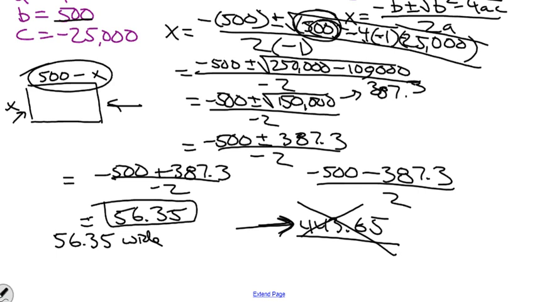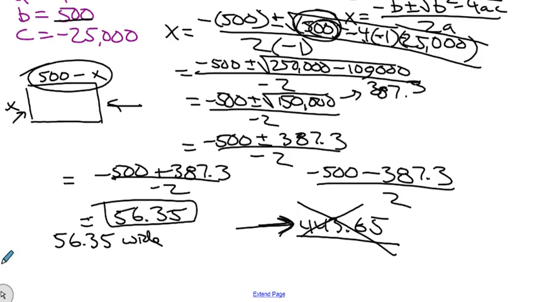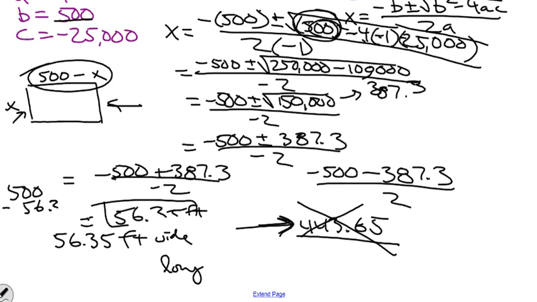I don't remember what the units are. Feet, right? So it's feet wide, right? And then for my length, you would just go 500 minus 56.35.